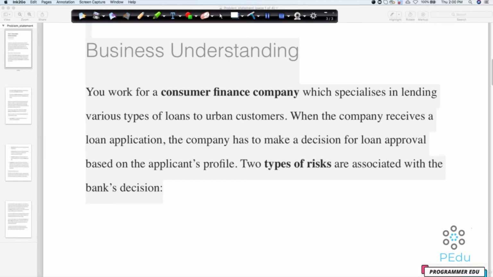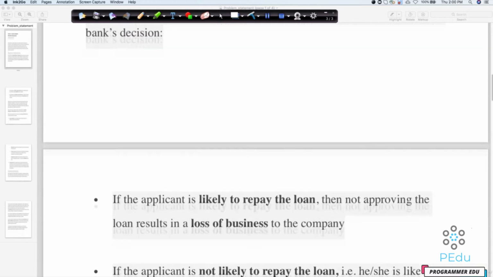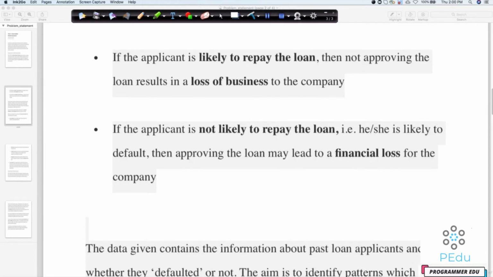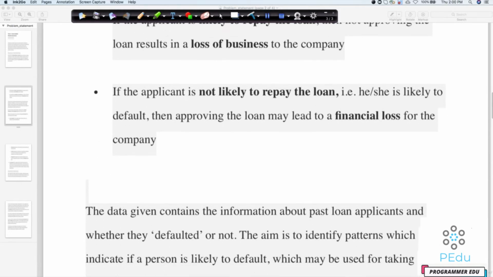Now there are two types of risks associated with the bank's decision. One is if the applicant is likely to repay the loan, then not approving the loan results in a loss of business, right? And if the applicant is not likely to repay the loan, that is, he or she is likely to default, then approving the loan may lead to financial loss for the company.